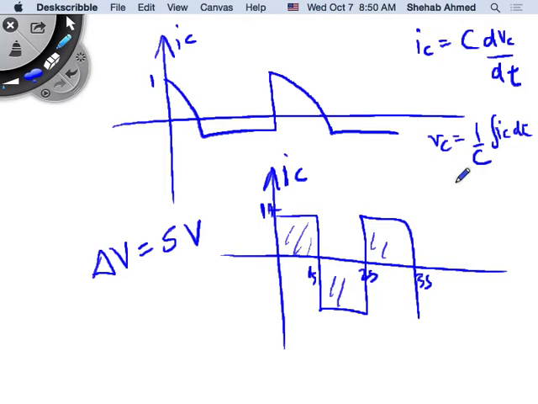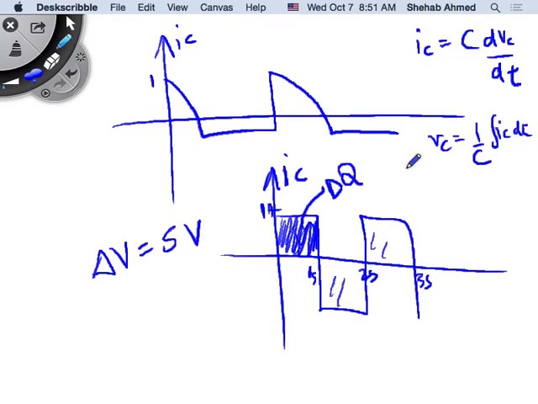So this is, we said, charge, right? The integration of current, the area under the current curve, is charge. So this is some delta Q that I've put into my capacitor, and this is some delta Q that I've taken out. And I've maintained the fact that they're both equal, so that in steady state my capacitor voltage doesn't change.